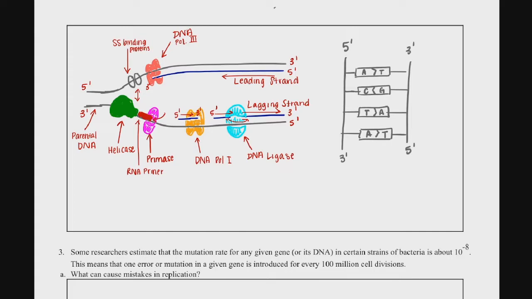And this guy, I'm just going to label this fragment as an Okazaki. Oh my gosh. My apologies to Dr. Okazaki who found these fragments because I've been butchering his name and it took me forever to spell it. But anyway, that's what those fragments are.